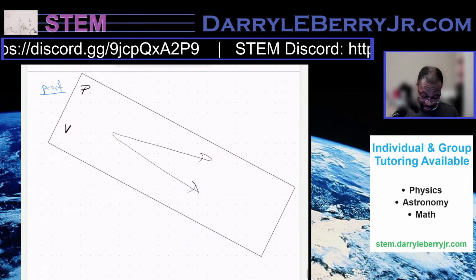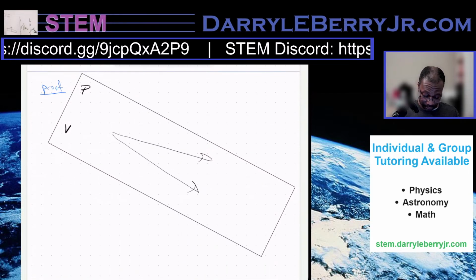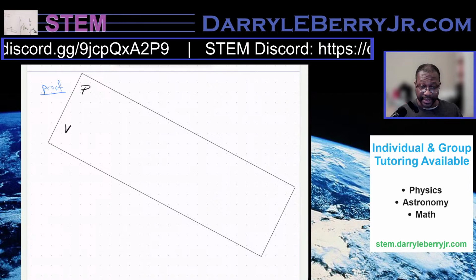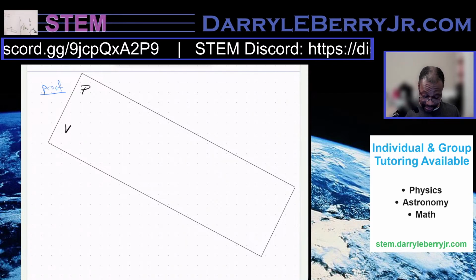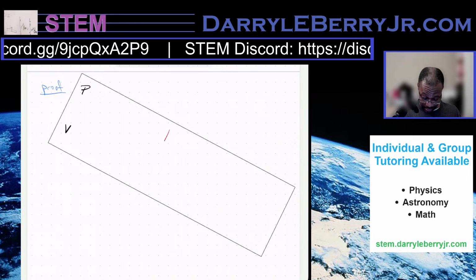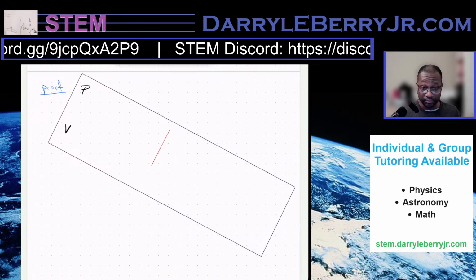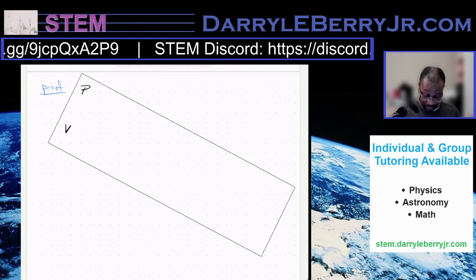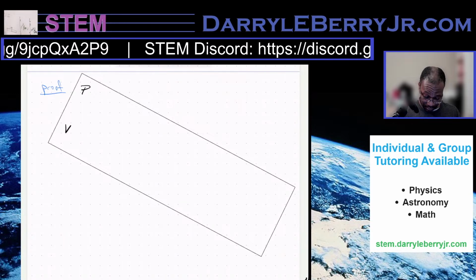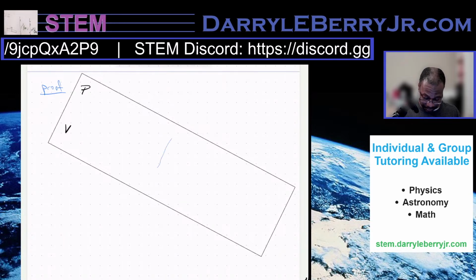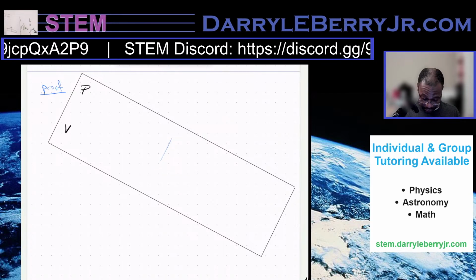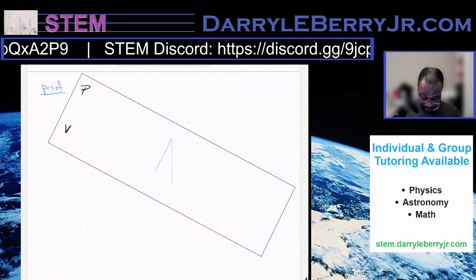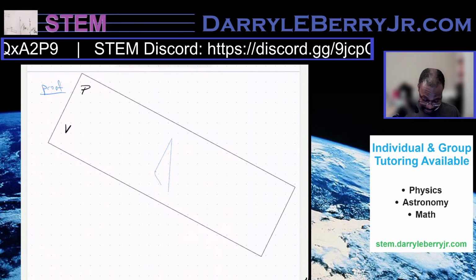So back to the example. So they have a triangle drawn, like so.